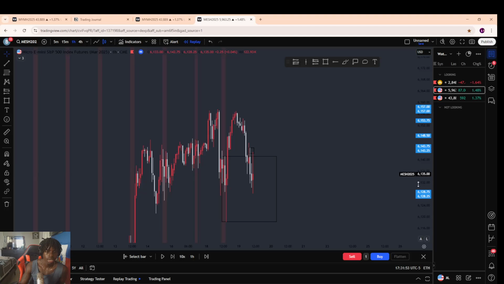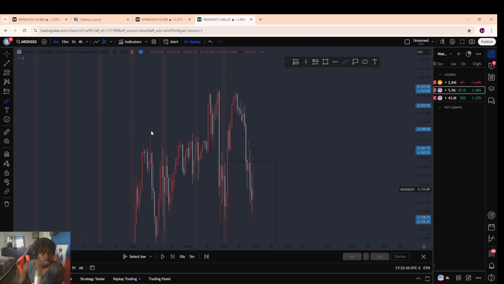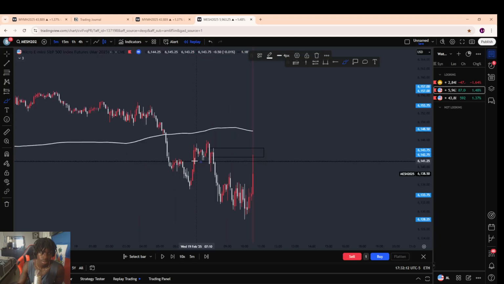But it didn't have no breaker structure, so I wasn't too pressed on this trade. I wasn't worried about the 1 hour because I saw that we didn't have a breaker structure. I like my setups to have a breaker structure. So this could be one of the reasons why I lost, but hey, it's whatever. I was willing to risk the money anyways, right?